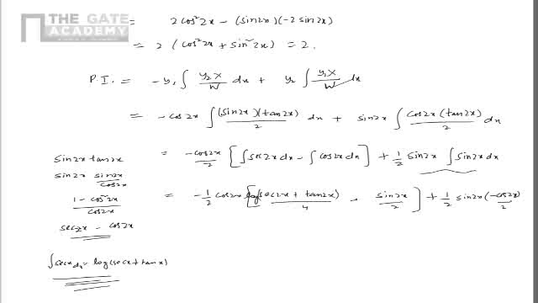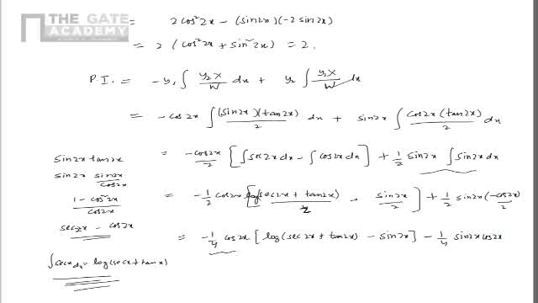Okay, so now on simplification, this comes out to be minus 1 by 4. I mean, there has to be 2 here, not 4. Minus 1 by 4 cos 2x, and this will be log secant 2x plus tan 2x minus sin 2x, and this will be minus 1 by 4 sin 2x cos 2x.